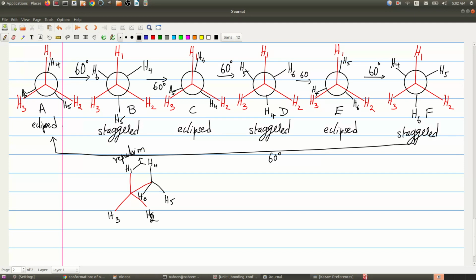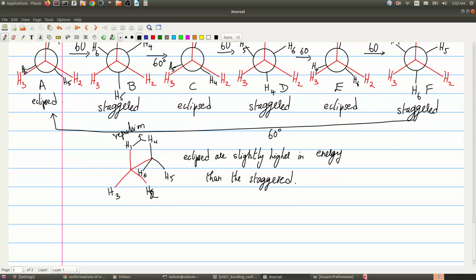Hence this eclipsed conformation is slightly higher in energy than the staggered conformation, because in a staggered conformation the hydrogens are not exactly behind one another, and that minimizes the repulsion between the hydrogens in the front and the hydrogens at the back.